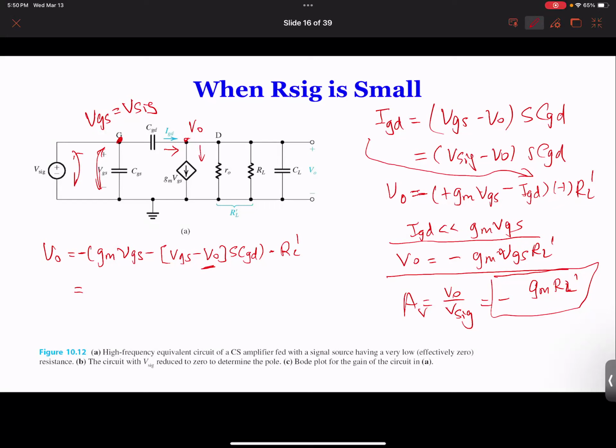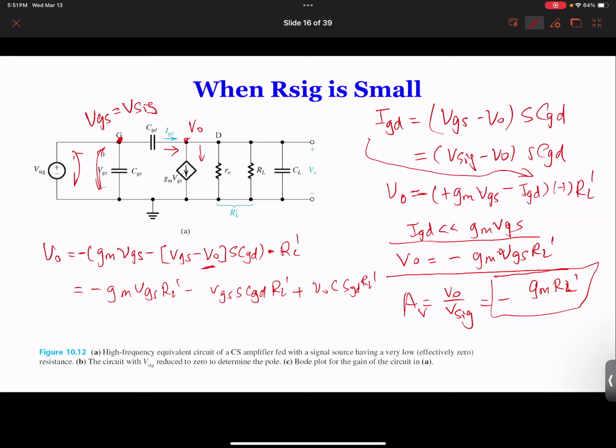So we're going to plug in this one to get the actual gm VGS times RL prime minus VGS sCGD. Actually, RL prime probably can be outside, and then plus VO sCGD times RL prime and so on.